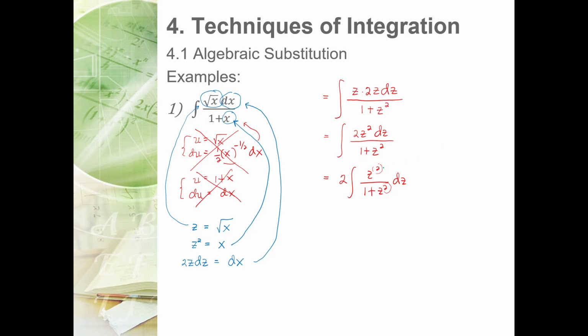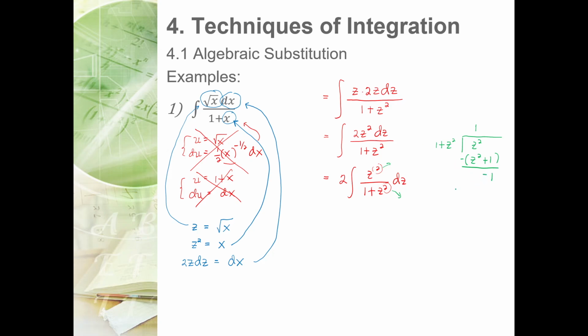This is the divisor, this is the dividend. So 1 plus z squared divided into z squared. So you have 1. So z squared plus 1, then minus. So the remainder is negative 1.